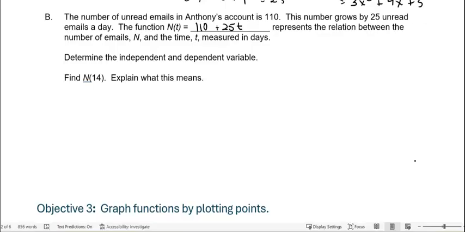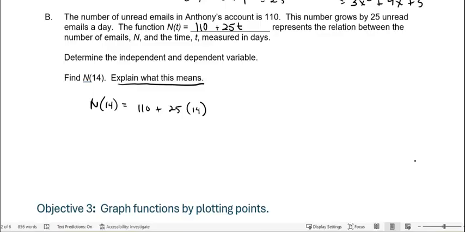So what is n of 14? So n of 14, this is after 14 days. That's what it means. It's the number of emails Anthony has after 14 days. And what would that be? That'd be 110 plus 25 times 14.